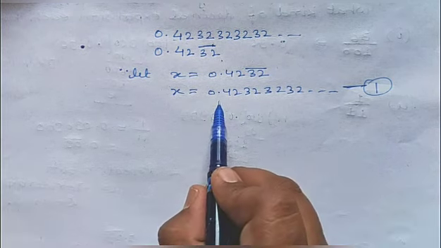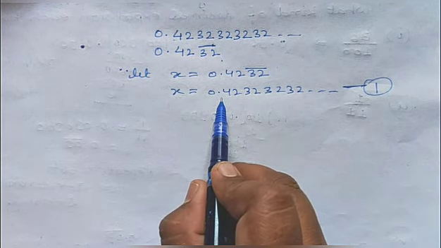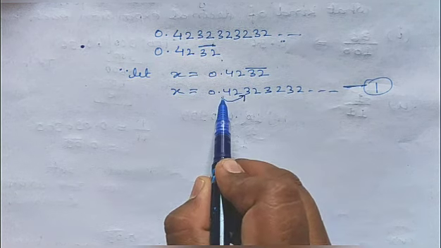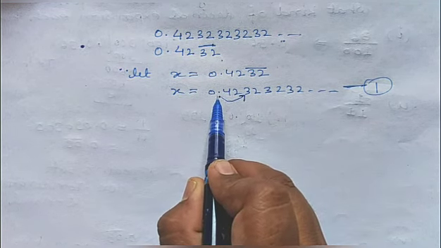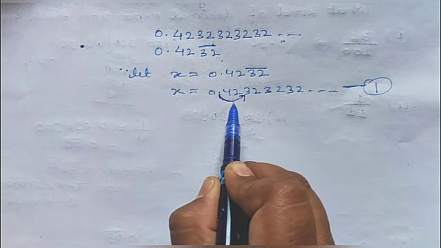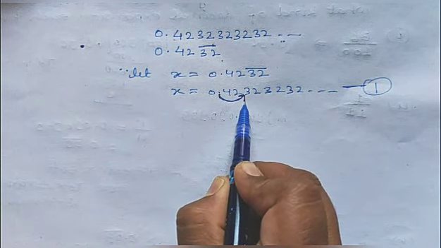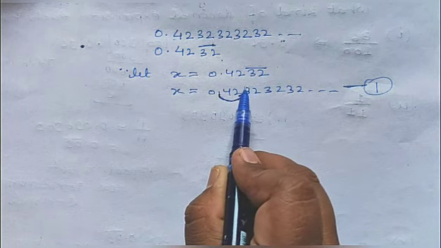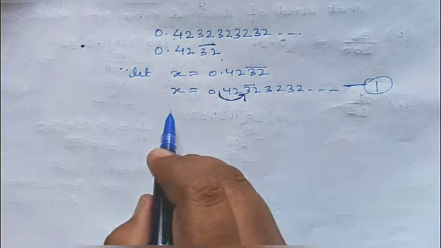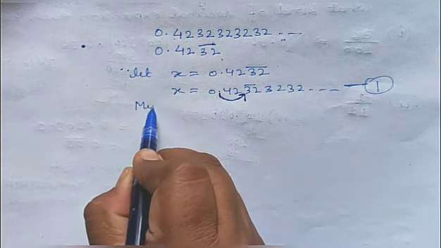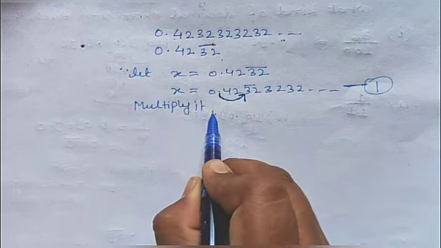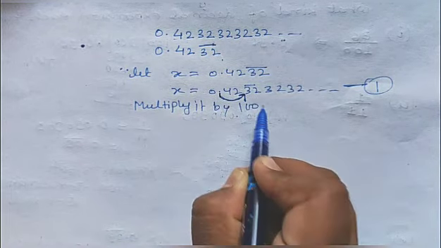After that, we will shift the decimal to where the repeating digits start. This time the decimal point is here, and we have to shift it to this place because the repeating digits start from here, meaning 323232. Okay, so for that we have to multiply it by 100.